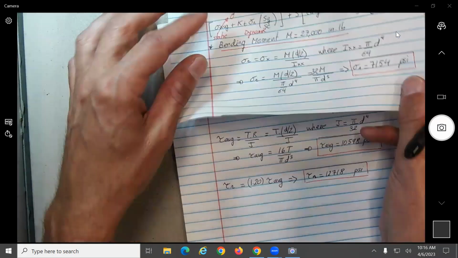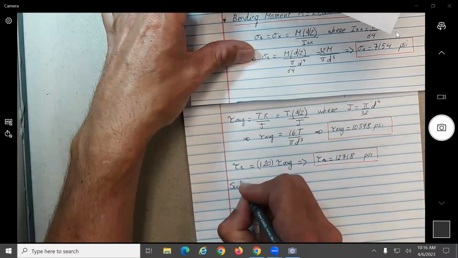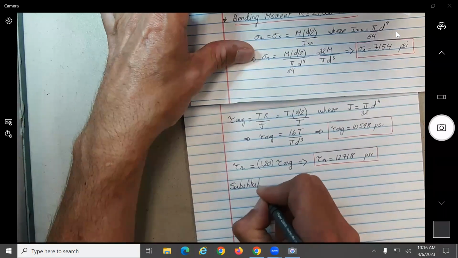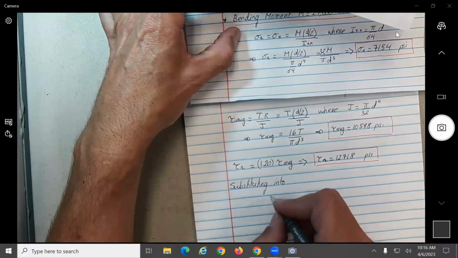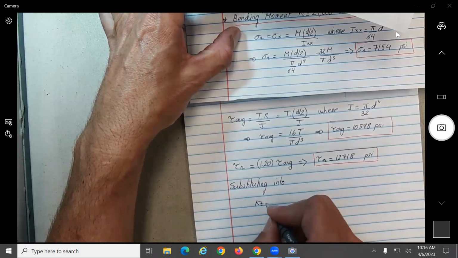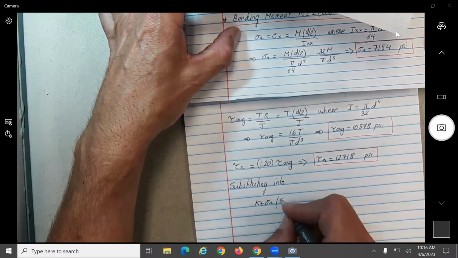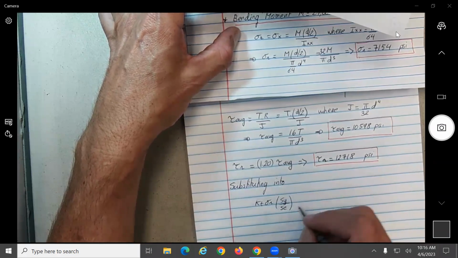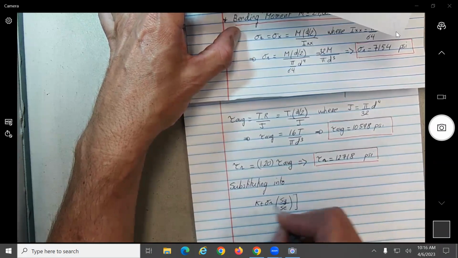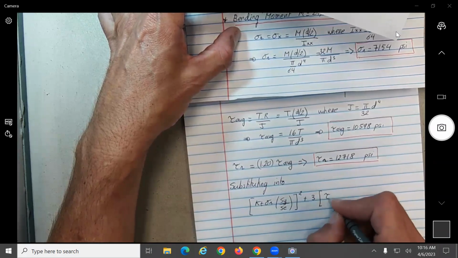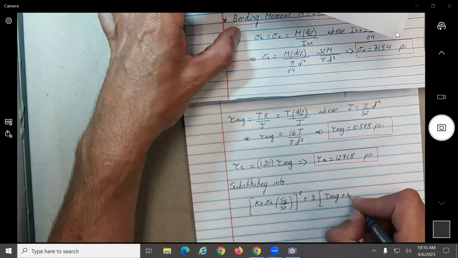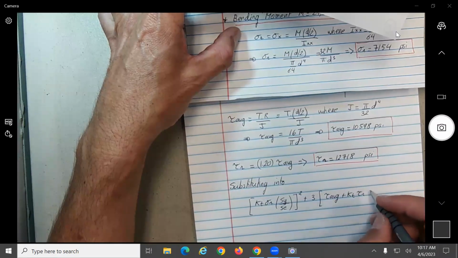So substituting into: K sub T sigma sub R over S endurance, squared, plus 3 times the quantity: the average shear plus K sub T tau sub R over S endurance.